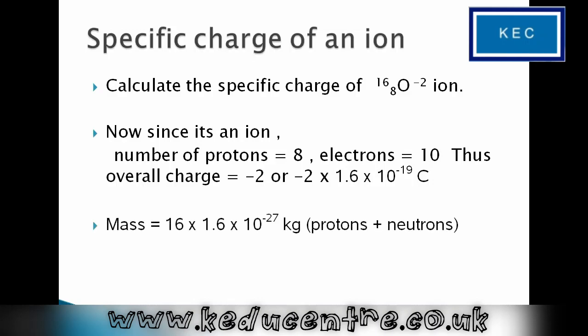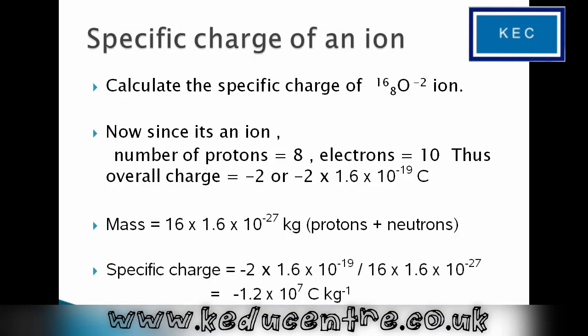Since the mass of electrons is negligible, the total mass in this case will be 16 into 1.6 into 10 to the power of minus 27 kg, which contains the mass of protons and neutrons. So the specific charge will be equal to minus 2 into 1.6 into 10 to the power of minus 19 divided by 16 into 1.6 into 10 to the power of minus 27, which gives a specific charge of an oxygen ion equal to minus 1.2 into 10 to the power of 7 coulombs per kg.